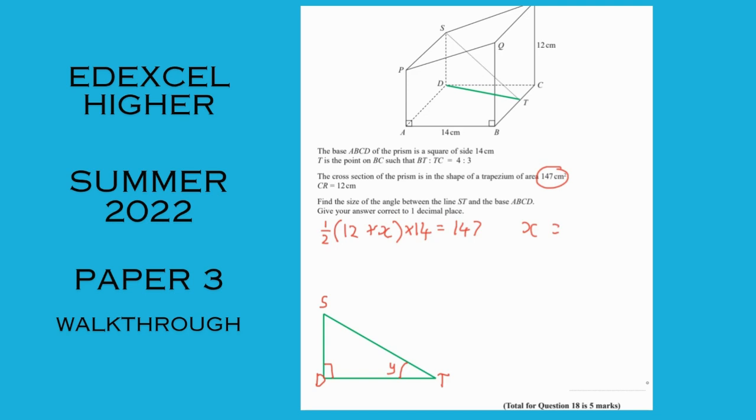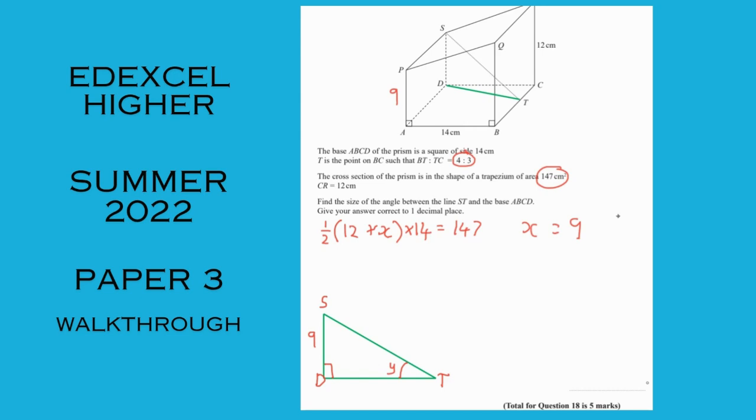Now, don't write any more working out down. They've not given you much room for this. Just do it all in your calculator. Start with 147, times by 2, divide by 14, subtracting 12. You get 9 for that side. But that means the corresponding side is also 9.